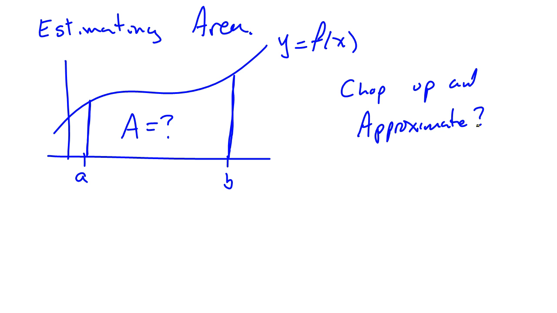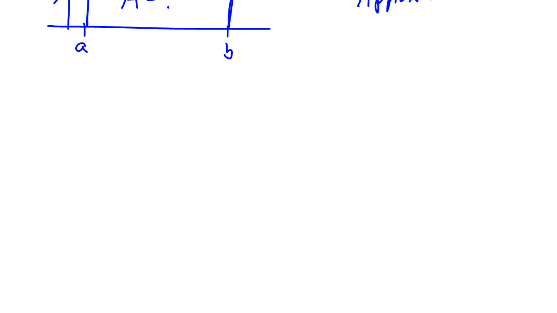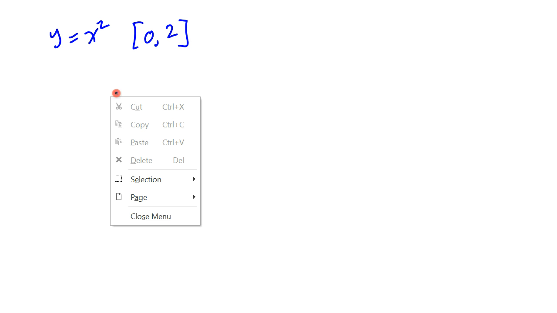So the idea here is, no, let's do this with an actual example. I want to start with a function here. Let's look at y equals x squared, and I'm going to look at the interval from 0 to 2.